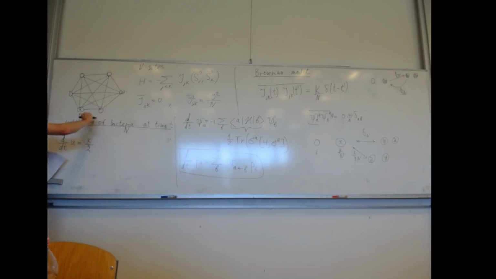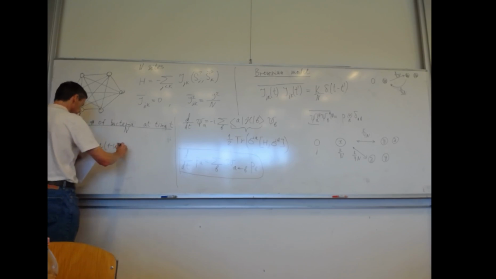Apart from the normalization factor, we should consider the number of bacteria times the number of empty sites, because otherwise it cannot divide. And so we should write u times 1 minus u. And the normalization factors are such that they cancel in this equation.